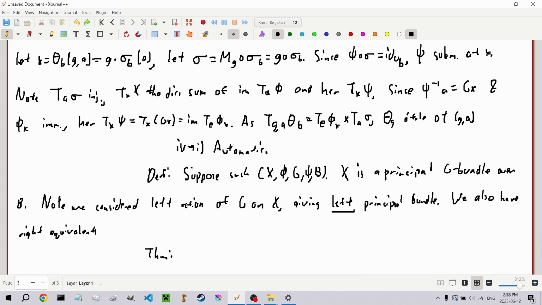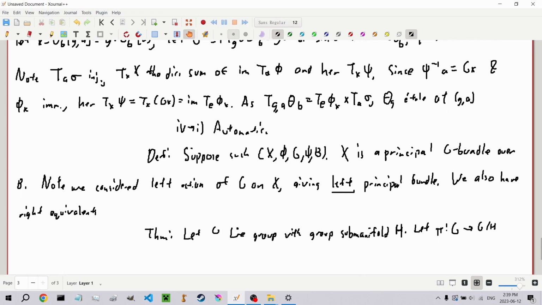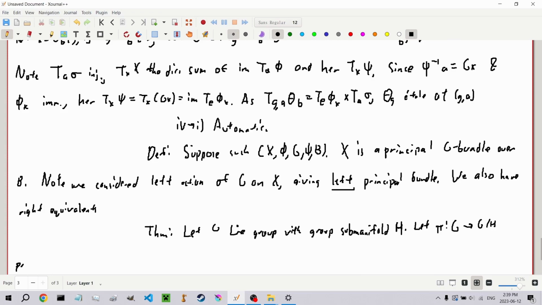So let G be a Lie group with a group submanifold H. Let pi be the projection of G onto G over H, the projection, of course, of G onto the left coset space of H. And phi from G and H to G be multiplication.